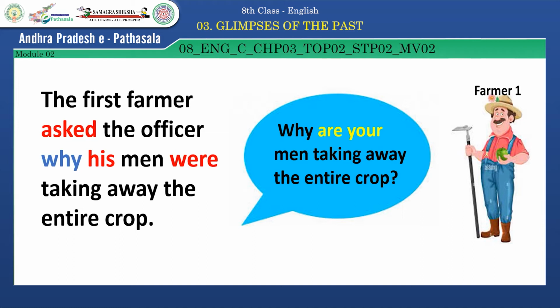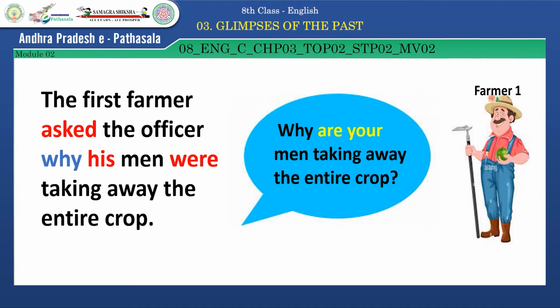Now I will tell you why we use the word asked here. Because the first farmer's actual words are in the form of a question. Generally we ask questions, but we never say or tell questions. So we use the word asked.